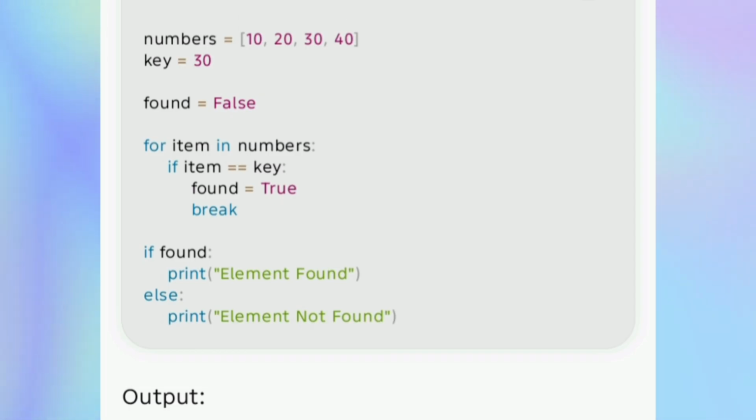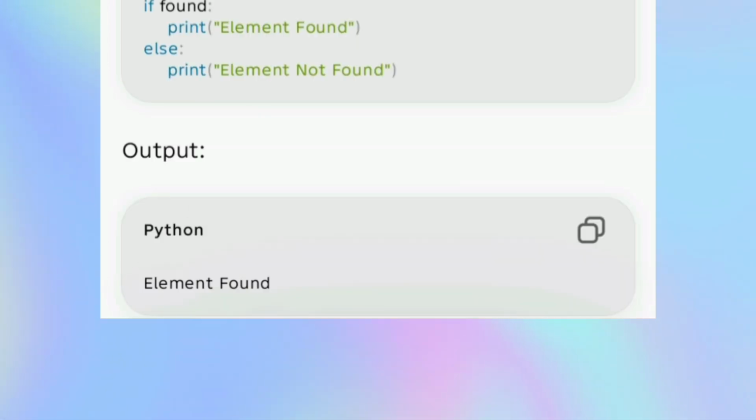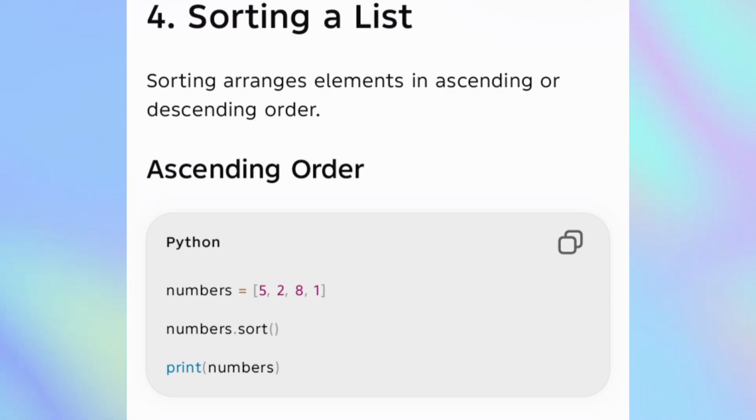Let's see the output. The element is found because 30 is contained in the list, so the output is element is found.